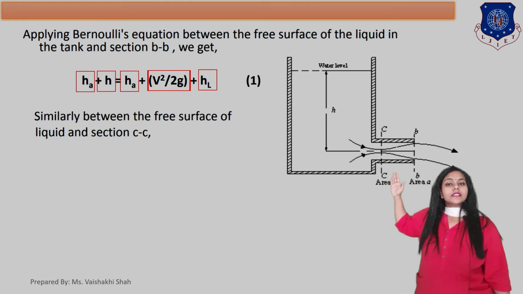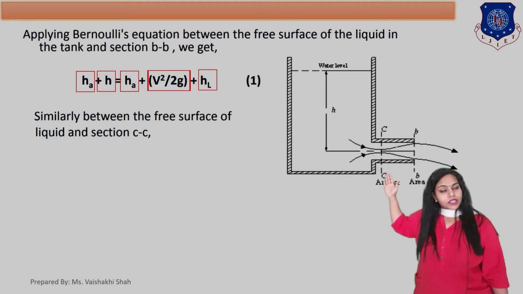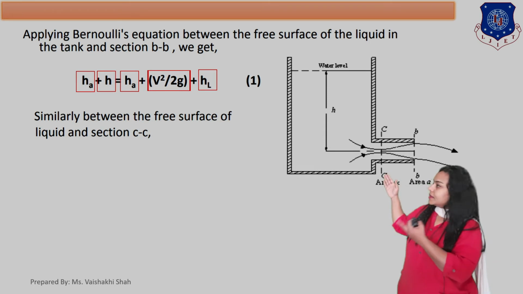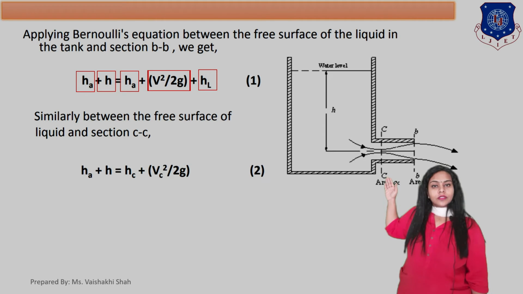Now, section CC is your vena contracta. Applying Bernoulli's equation at the free surface of the liquid, which is HA plus H. We already applied Bernoulli's equation on the free surface.